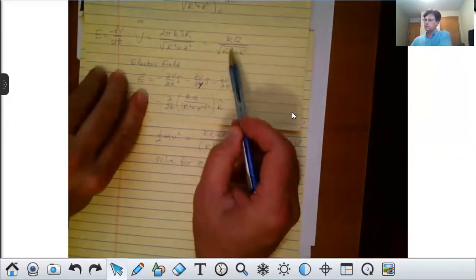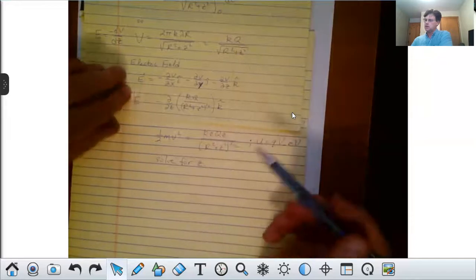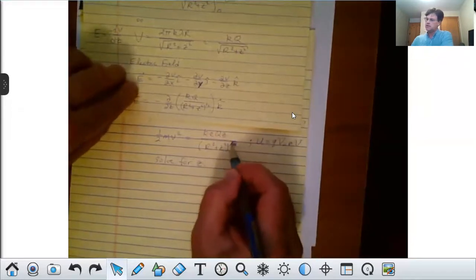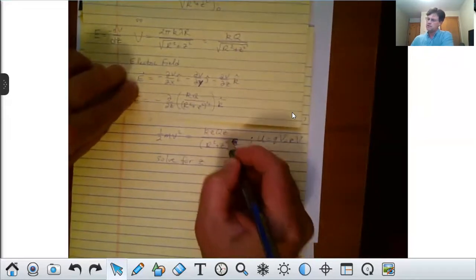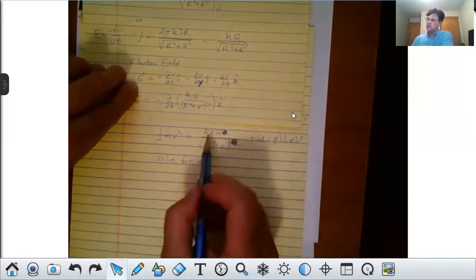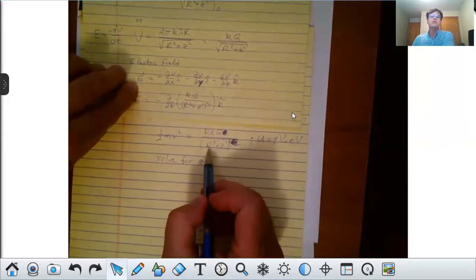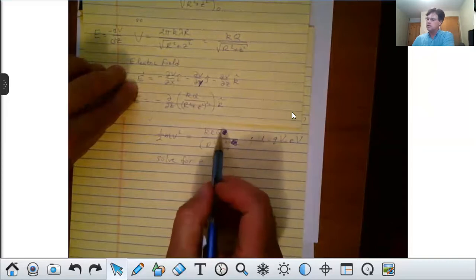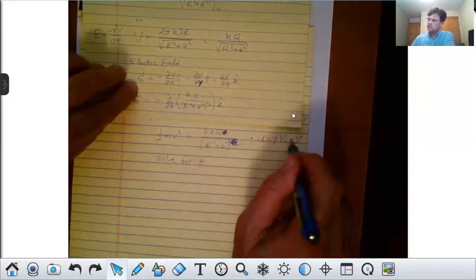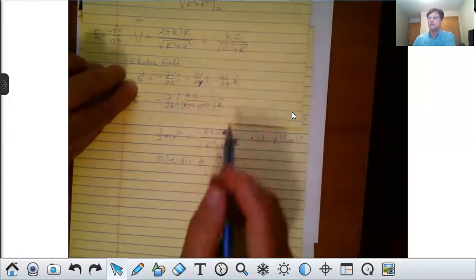So here's my expression for electric potential. Actually, there's no z here, so it's actually k e Q over the square root of R squared plus z squared. But I just take the test charge times my expression for the potential.